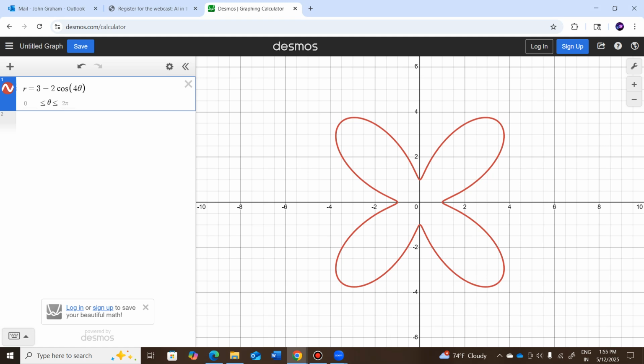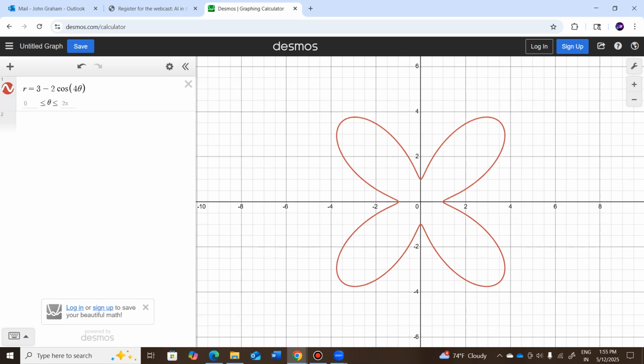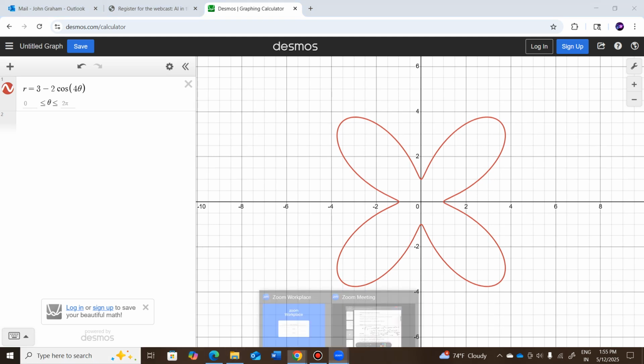And so it looks like that from 0 to 2 pi. And so what we're finding is the area inside the shape. So that's going to end up being 17 pi.